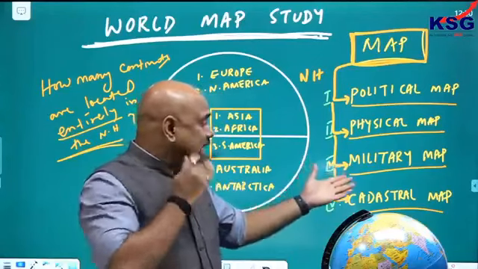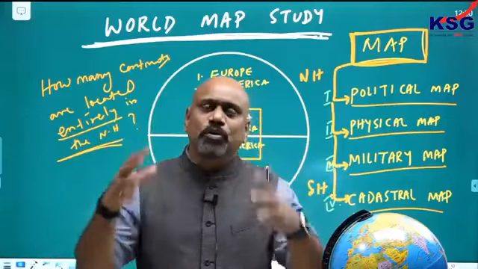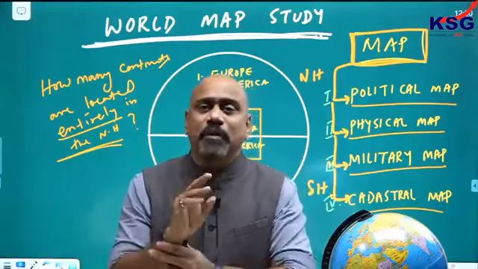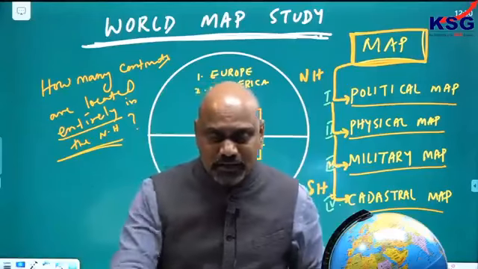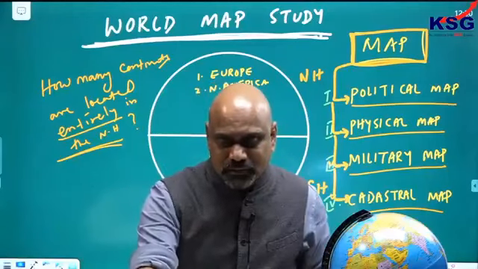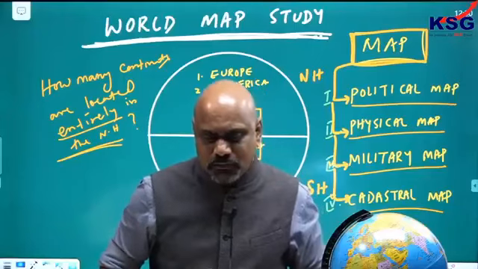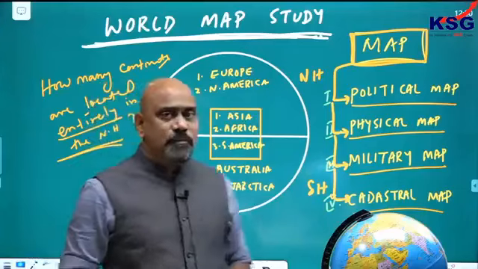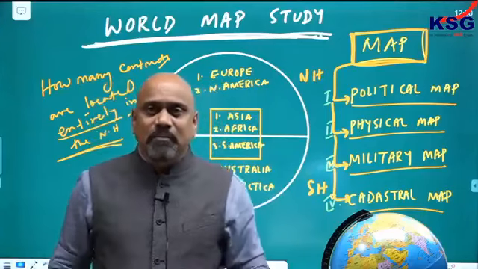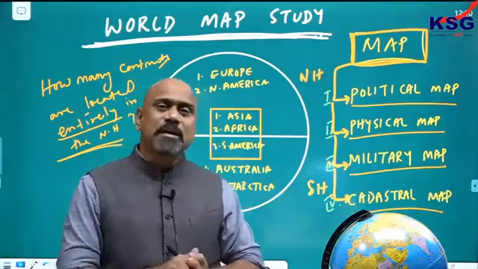Now, military map is a convergence of both political and physical map, because of strategic movement. And you remember one thing, in the military map we have direction also correct, in most of the cases. In the physical and political map, convergence is there in the military map.